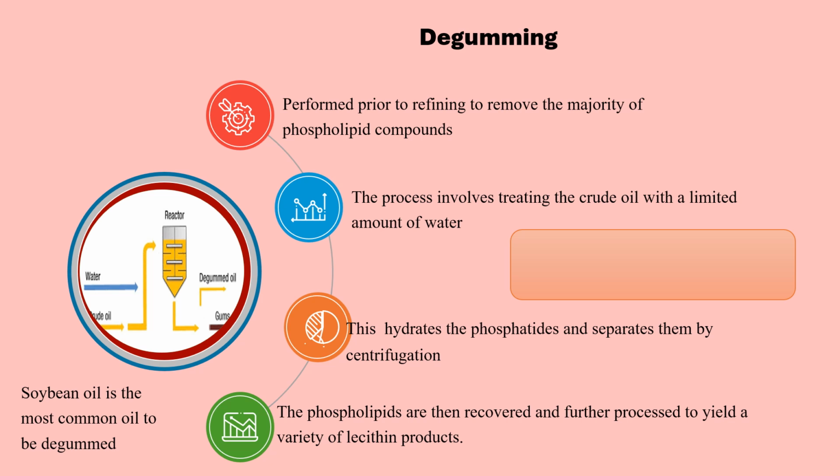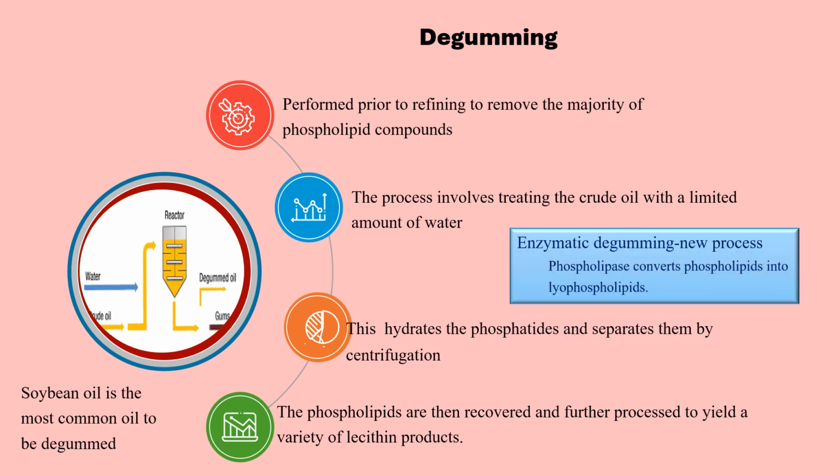The phospholipids are then recovered and further processed to yield a variety of lecithin products. Soybean oil is most commonly degummed, and there is a new process recently being followed in oil industries, that is enzymatic degumming, where phospholipase converts phospholipids into lysophospholipids.